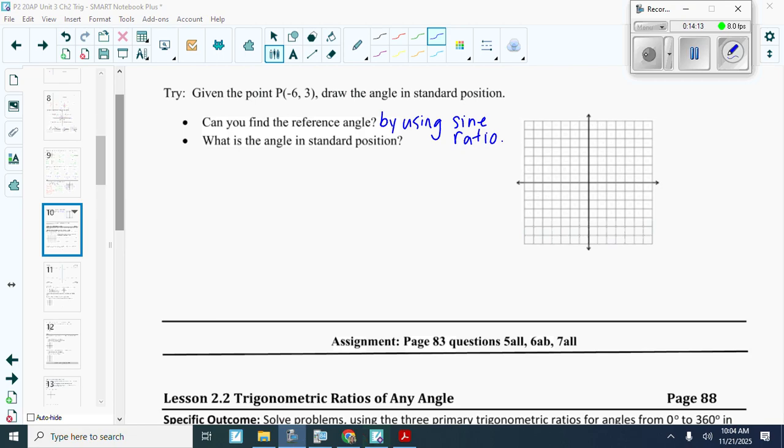All right, so -6. And this time we are going up. Because I told you to use sine, hopefully you figured out that to do so, you would need the hypotenuse. So we're going to use our new x squared plus y squared equals r squared.